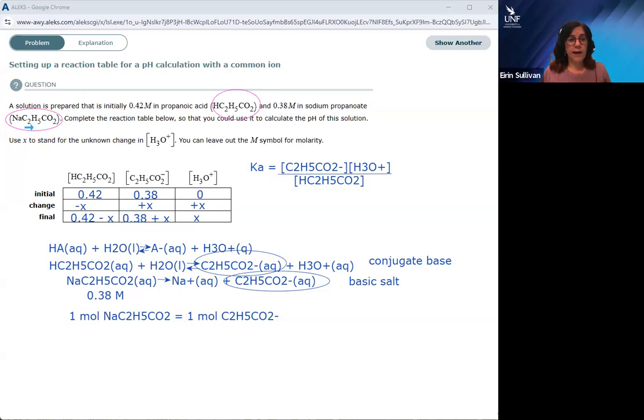And if we knew the value for Ka, we could solve it just like we do with a normal ICE table. The X is small approximation. Obviously, you should check that it is valid.